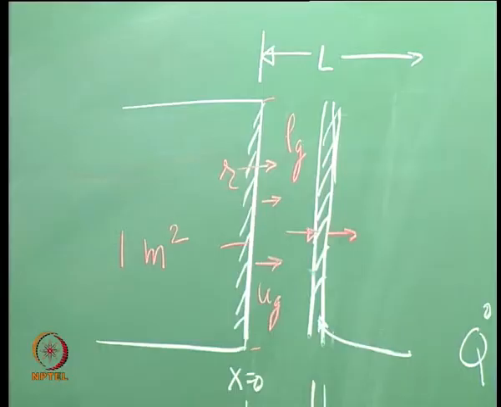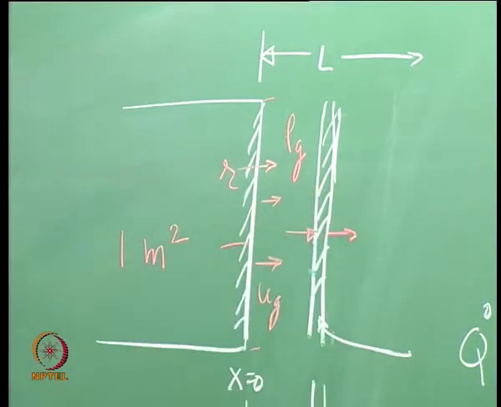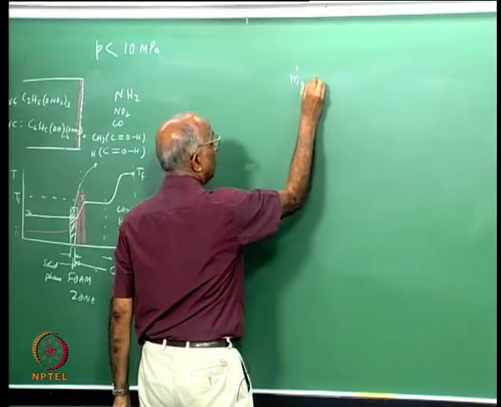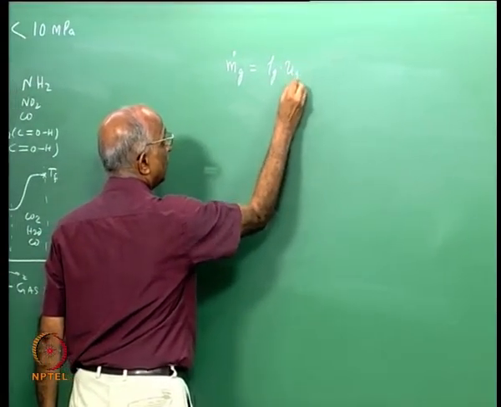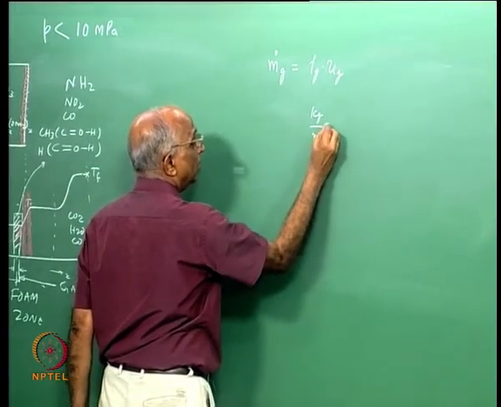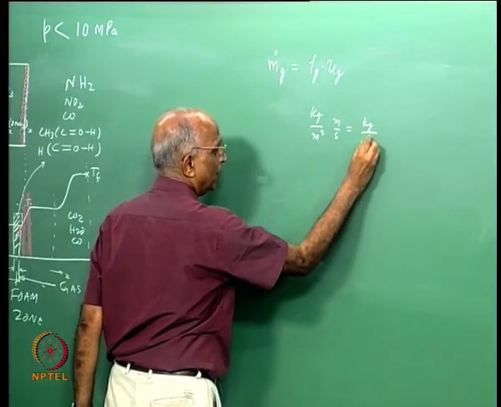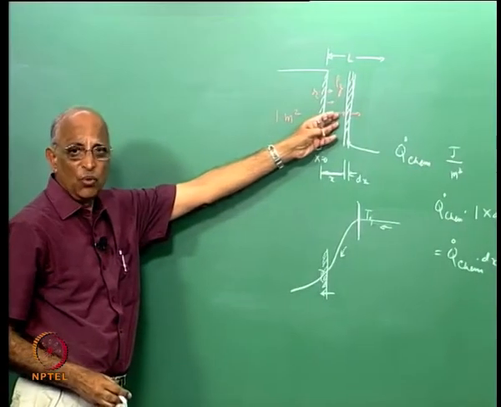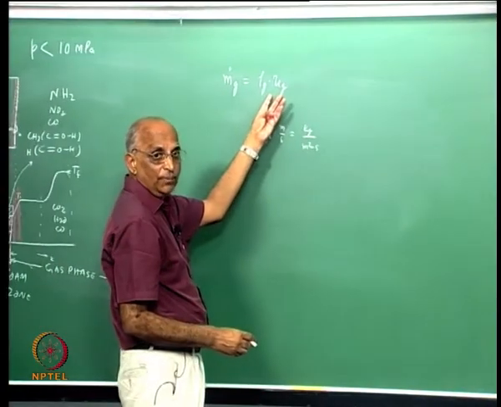Therefore, the mass flow rate at which the gases are entering into this control volume is m dot g per unit area I am taking. Therefore, I have rho g into ug, that means so much kilogram per meter cube into meter per second, therefore I have so much kilogram per meter square second, and since I am considering unit area, the rate at which gas is moving, or the mass flux, is equal to rho g into ug.